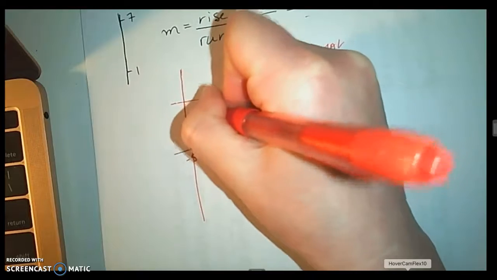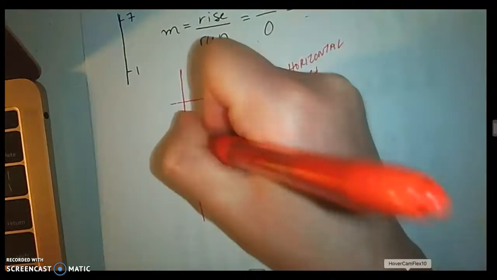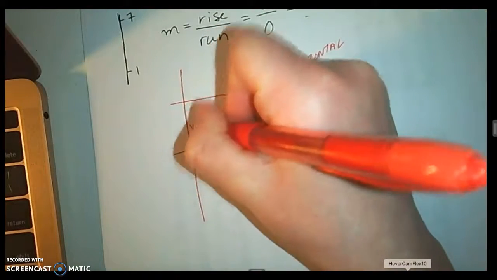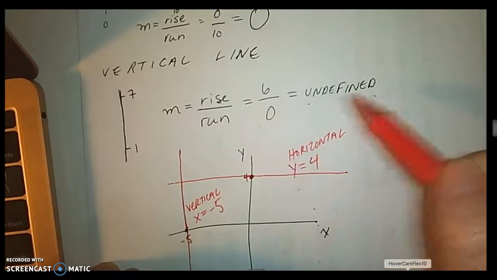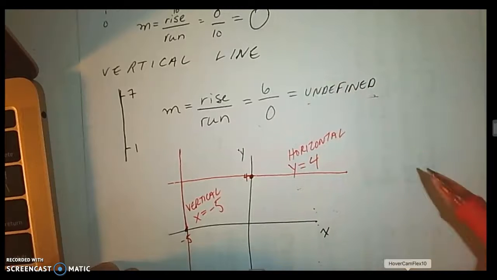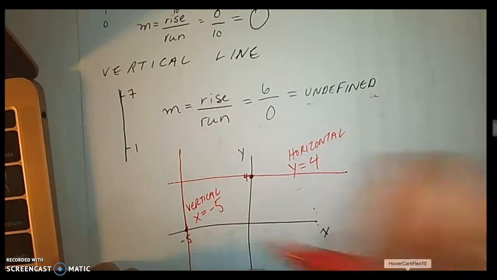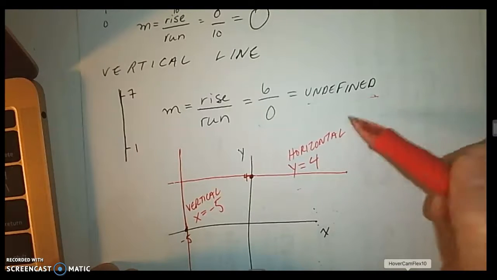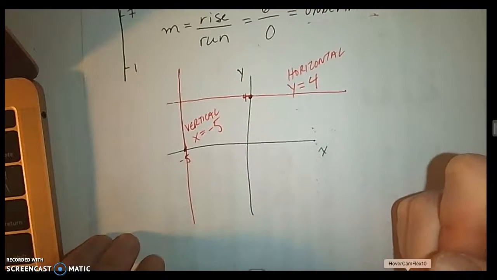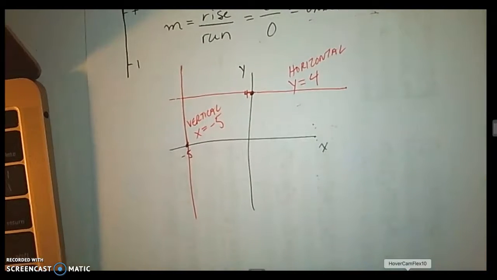Okay, and so the equation for a vertical line always has this format, x equals some number. Okay, and then if you have to do some analysis of that one, we already talked up here, the slope of a vertical line is undefined. Okay, and it never hits the y-axis, so it doesn't have a y-intercept. Okay, so undefined slope, no y-intercept for a vertical line.